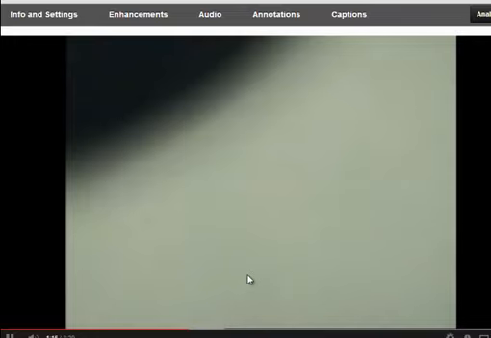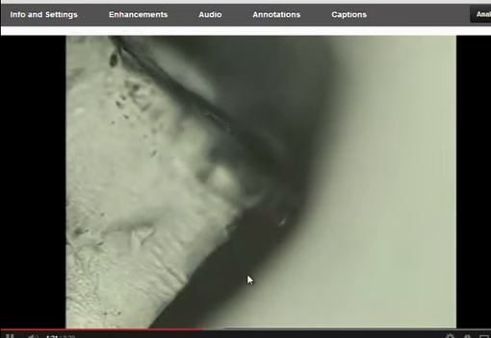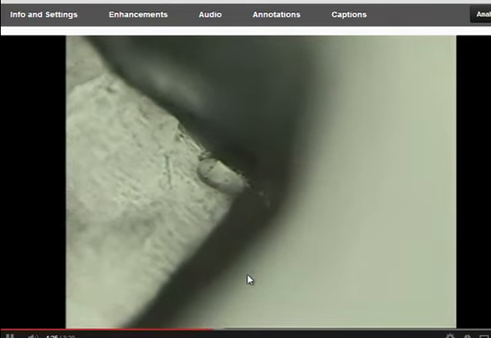And now you can actually start seeing the salt crystals disappear. And you can see how fast it moves, and that is quite astonishing.